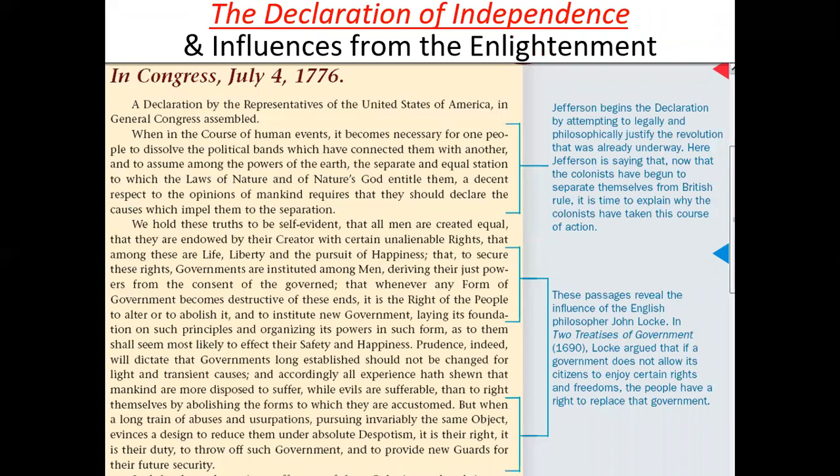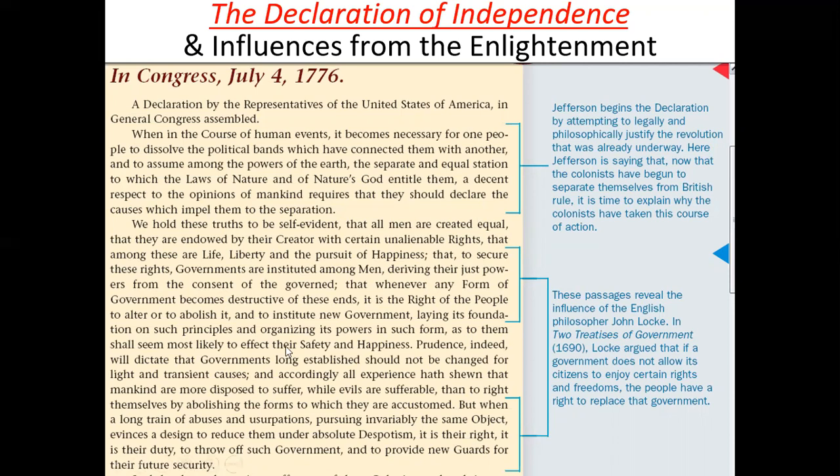So, to put that all into perspective of the document itself, this is like the first big chunk of the document, the Declaration. And it is in the first full paragraph here. Jefferson is declaring legally and philosophically the justification for revolution to occur.